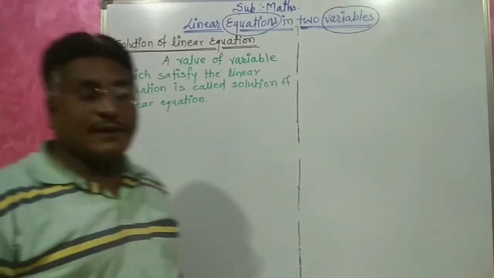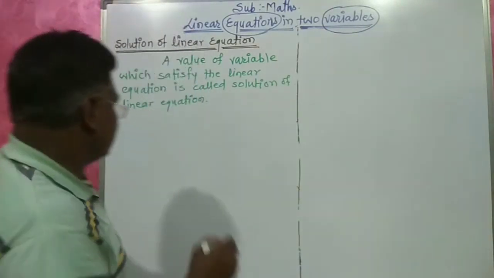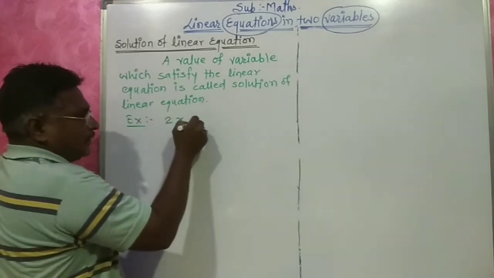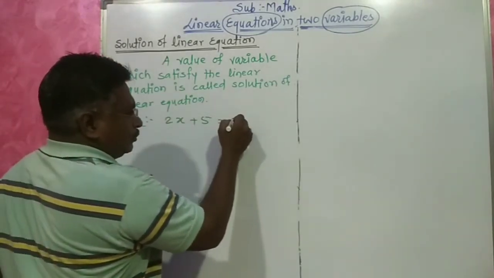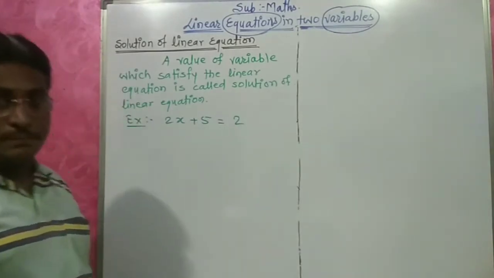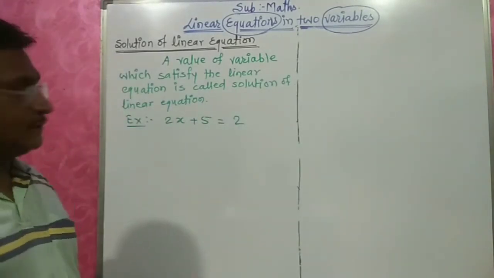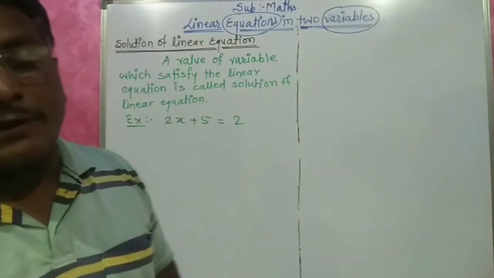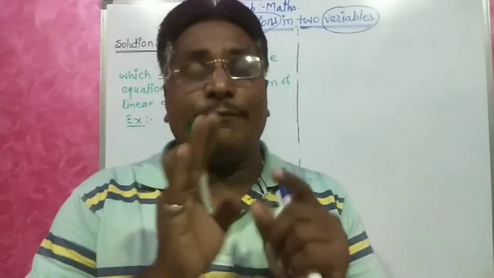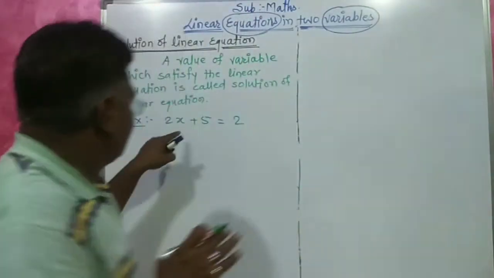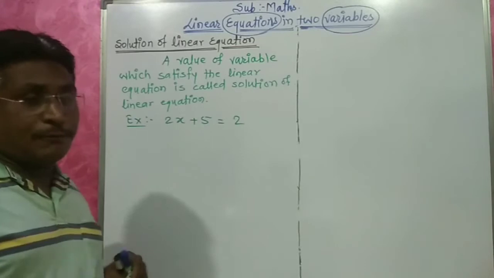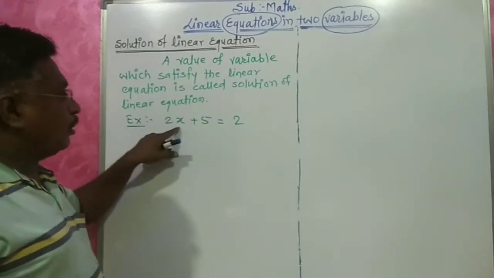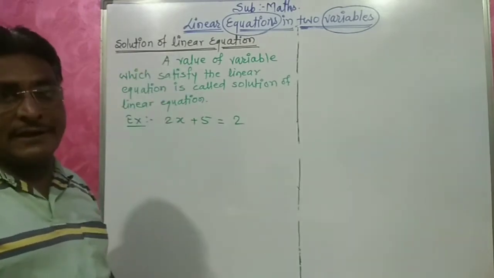Means value of variable. For example, 2x plus 5 equals 2. This equation is given. So what is the solution of the equation? Solution means value of variable. What is the variable? x. Whatever value of variable we get is called the solution of the linear equation.